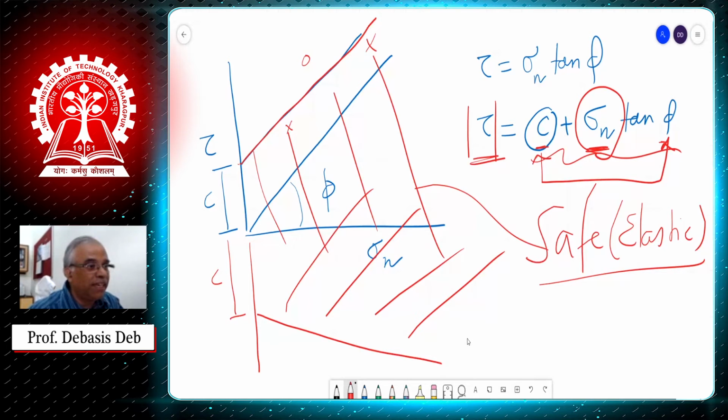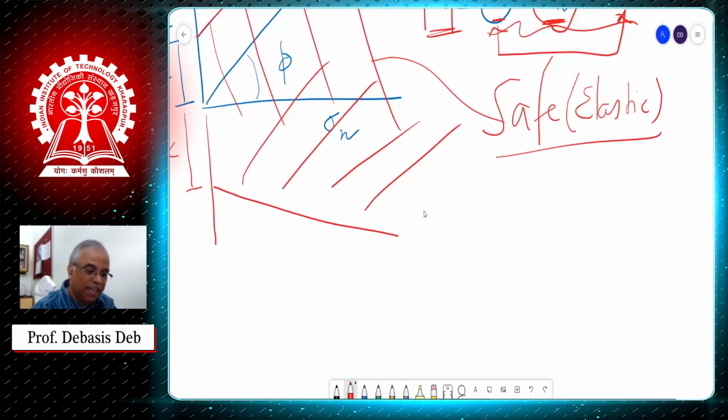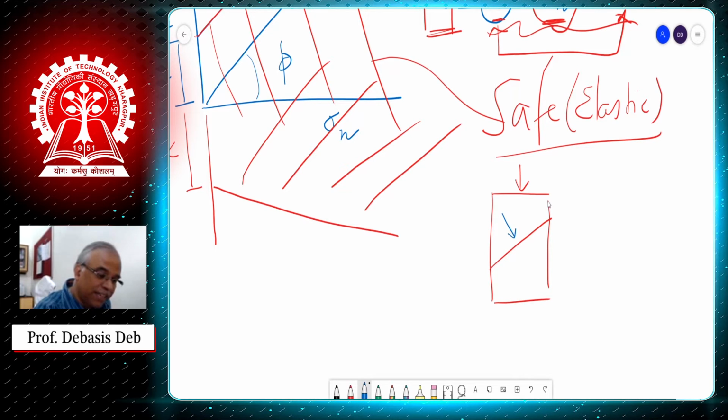What does that mean? It means I am loading a sample, and if it fails along this failure path, there will be a sigma n and a tau.